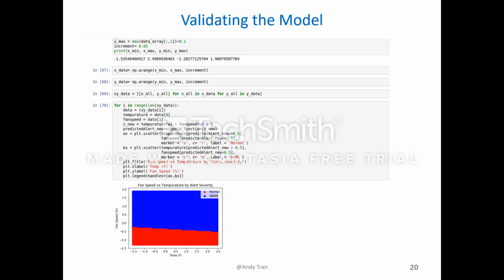How do I validate the system? By feeding the whole data set and plotting it on my chart. So basically, as you can see here, most of the warnings are in the upper quadrant, and the normal data are in the lower quadrant.